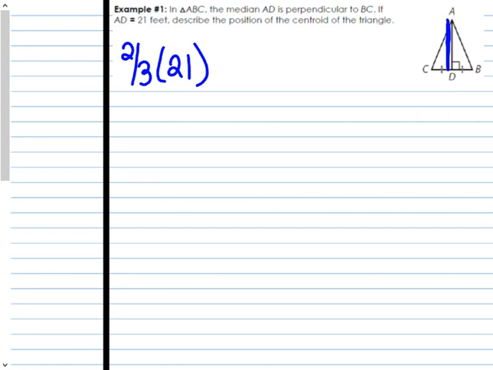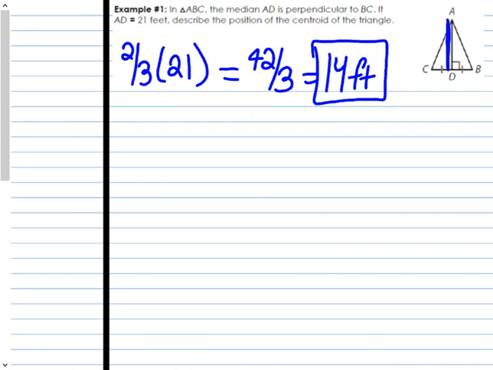Okay, it's not halfway, it's not half of 21, it's 2/3 of 21. So the centroid is 2/3 times 21, so 2 times 21 is 42. 42 divided by 3 is 14 feet. So the centroid is at 14 feet. It's 2/3 of 21.